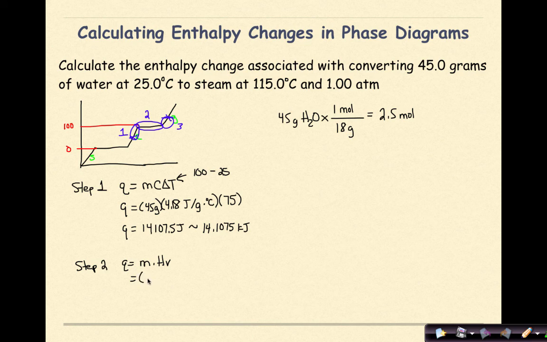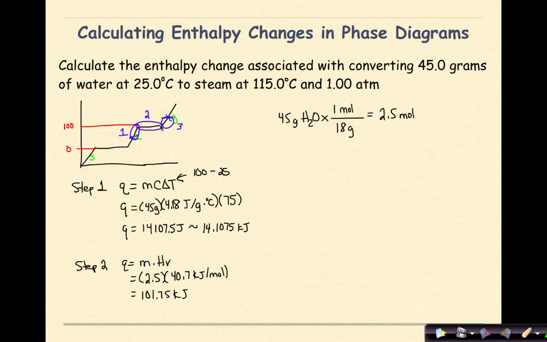So the number of moles is 2.5 moles times the heat of vaporization of water, which is given to me as 40.7 kilojoules per mole. And then if I work that out, I get that as 101.75 kilojoules.